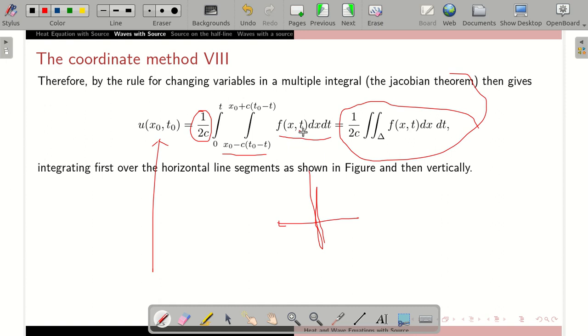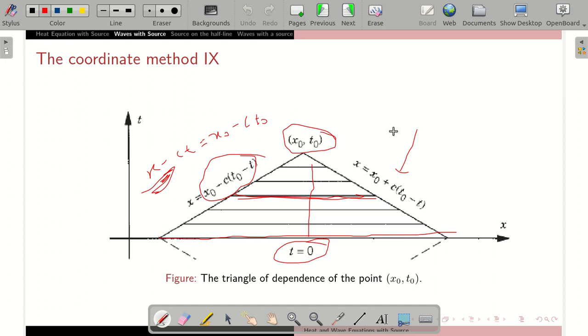Okay, so calculate that double integral over this triangle, and then you get a particular solution of the wave equation by using the method of coordinates. And this triangle is called the triangle of dependence of the point x0, t0.